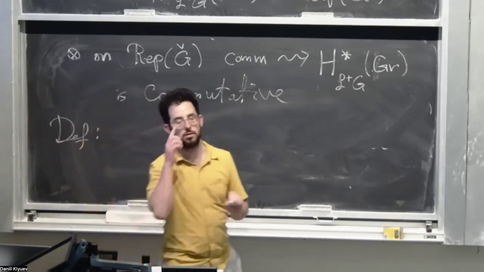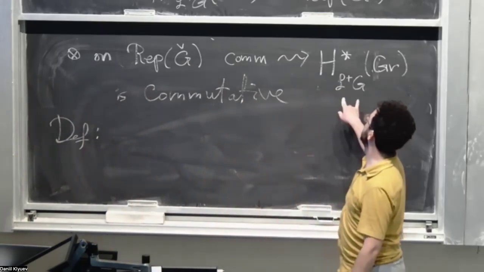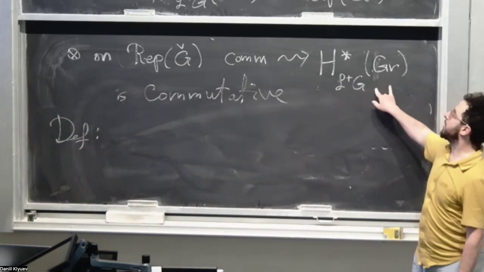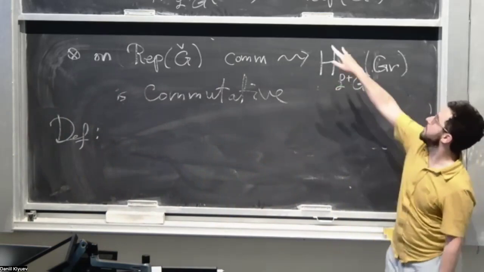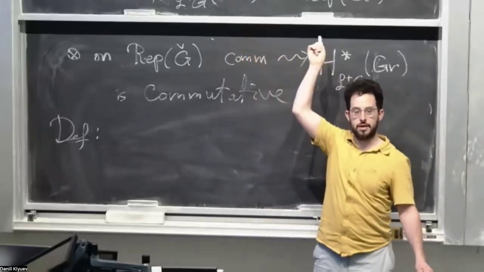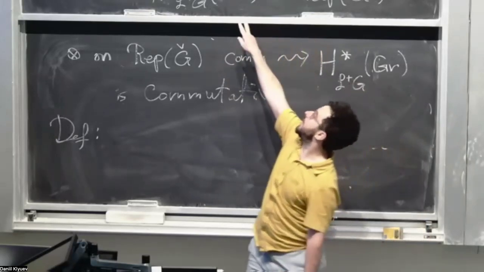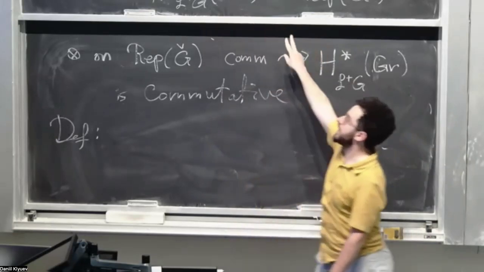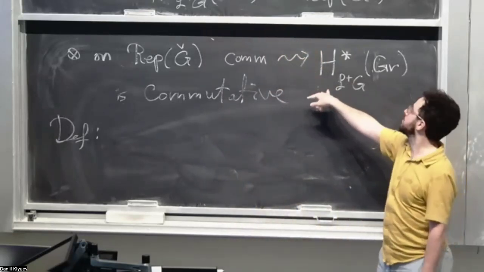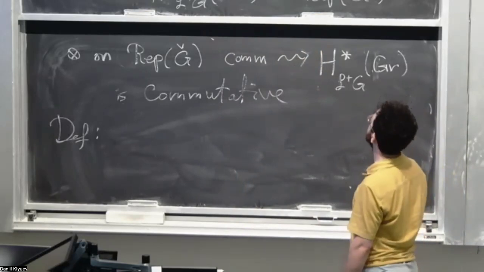How do we get from the tensor structure to that being commutative? You can define cohomology as Hom from the structure sheaf. Is there a way to do it just with objects?